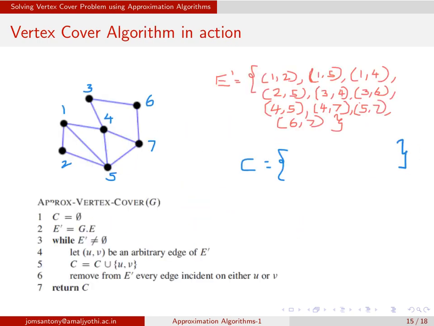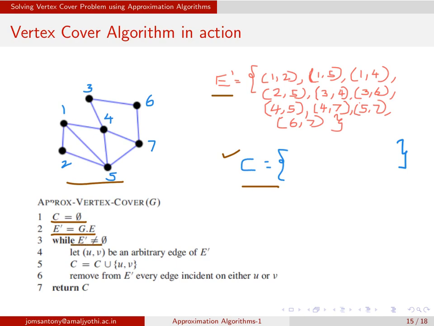Let us now see how the vertex cover algorithm works on this graph. As per the algorithm, we have to initialize a solution set C as a null set and an edge set as the set of all the edges which are present in the graph. So you can see there is a solution set here which is initialized as a null set and an edge set here which contains all the edges in the graph. The next step is to check whether the edge set is null or not.